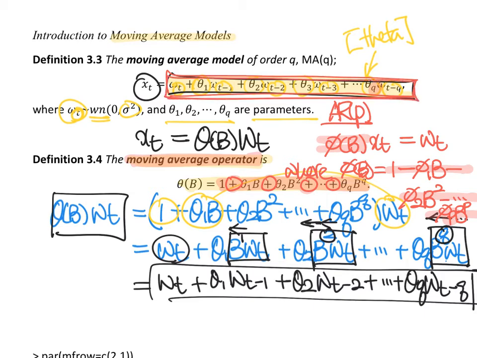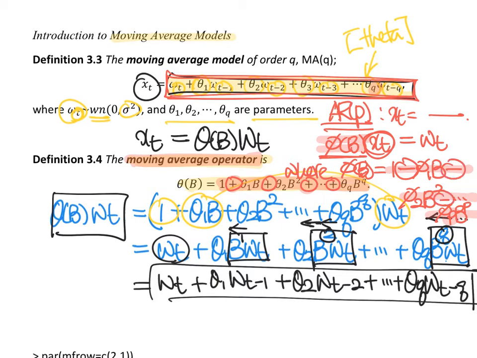The AR model was, x_t was the linear summation of the x itself. It's an autoregression model, but we multiply phi B to x_t on the left hand side, so there were the negative signs.